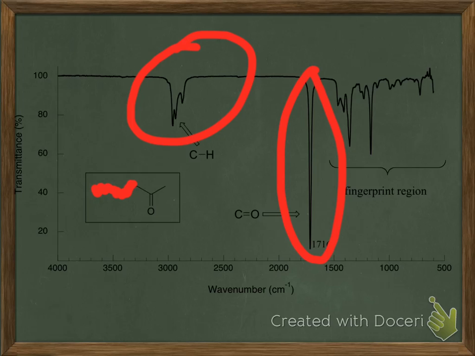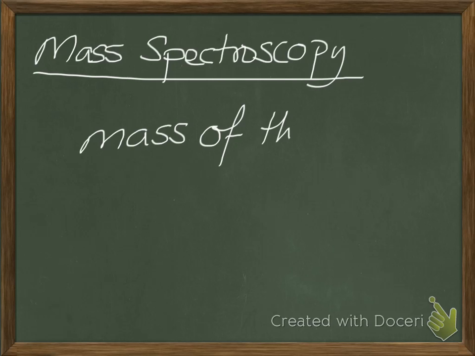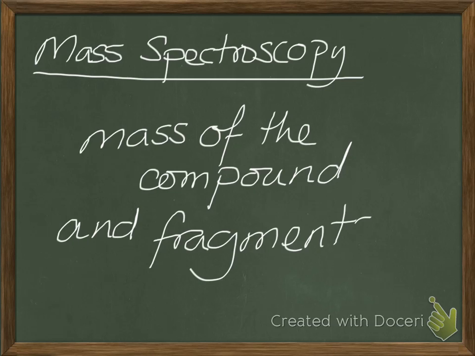And this is where mass spectroscopy is going to come in handy. So we've taken IR spectroscopy as far as it will help us. We've found out what functional groups we have present, but we're having slight difficulty in telling the difference between propanal and propanone.